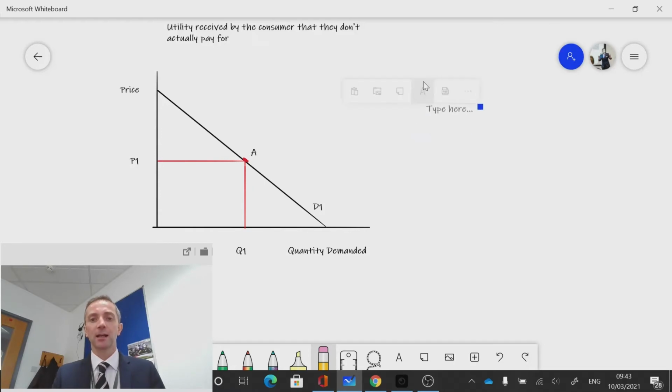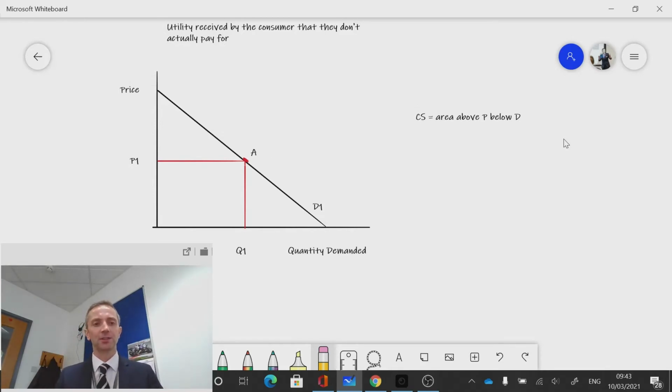That's really a golden rule that you should all learn. So consumer surplus is equal to the area above P, price, and below D, demand. And if you can keep that in your head, you shouldn't go far wrong.